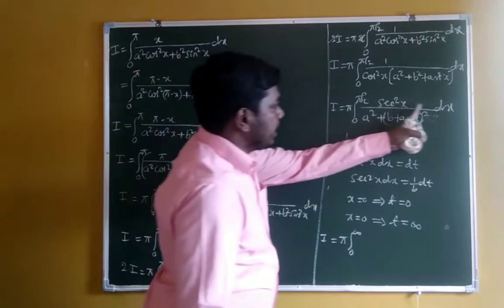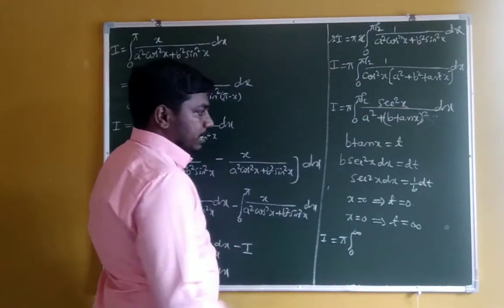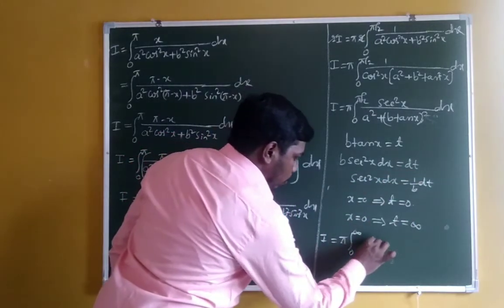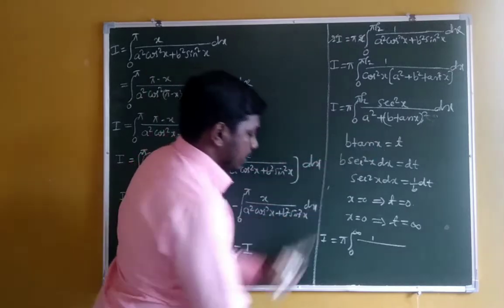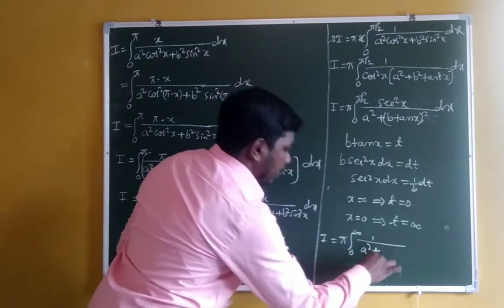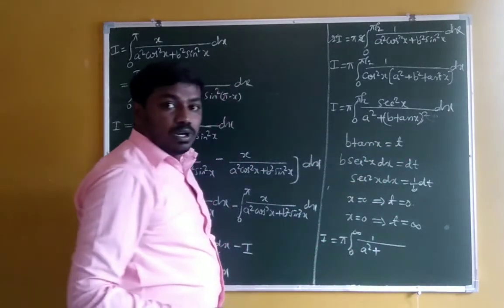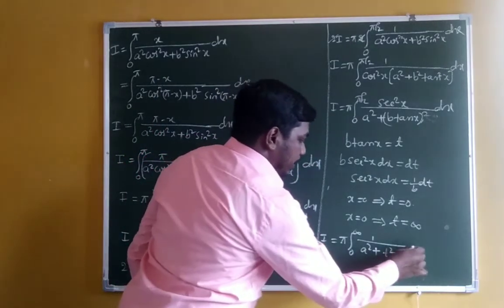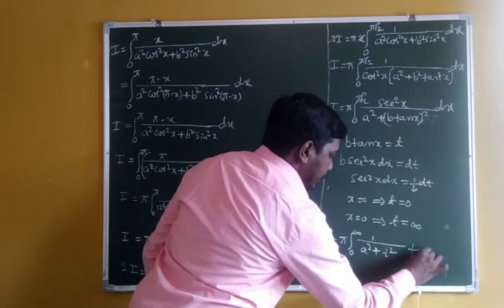So the integral becomes pi into the integral from 0 to infinity, where secant square x into dx is 1 by b into dt, of 1 divided by a square plus b tan x, which is t, squared, into 1 over b into dt.